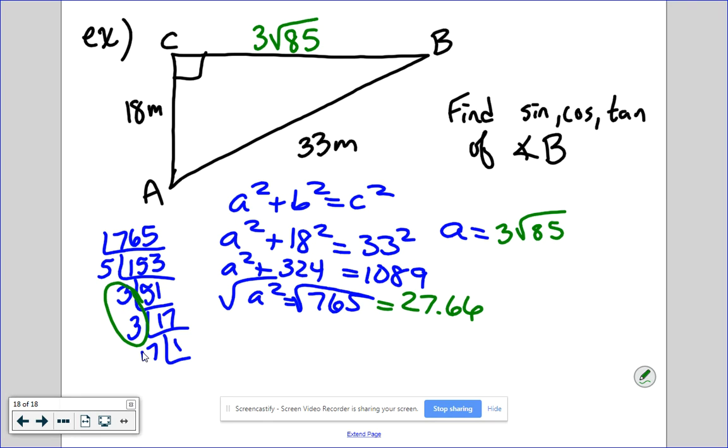As you move up into higher and higher level math, when you're working with radicals, if you can break down a radical, professors in college are going to want you to leave it as a radical. They want you to be able to break it down to 3 square root 85. They don't just want a decimal approximation, because 3 square root 85 is the exact answer.